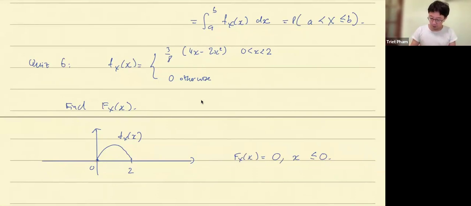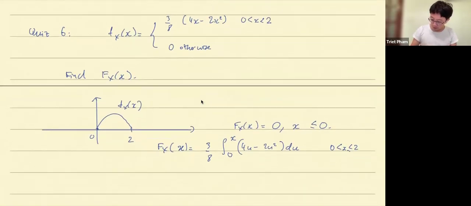Now, between 0 and 2, it will be the integral from 0 to x of 3/8 times (2u minus 2u squared) du, so F sub X of x for 0 less than x less than 2.